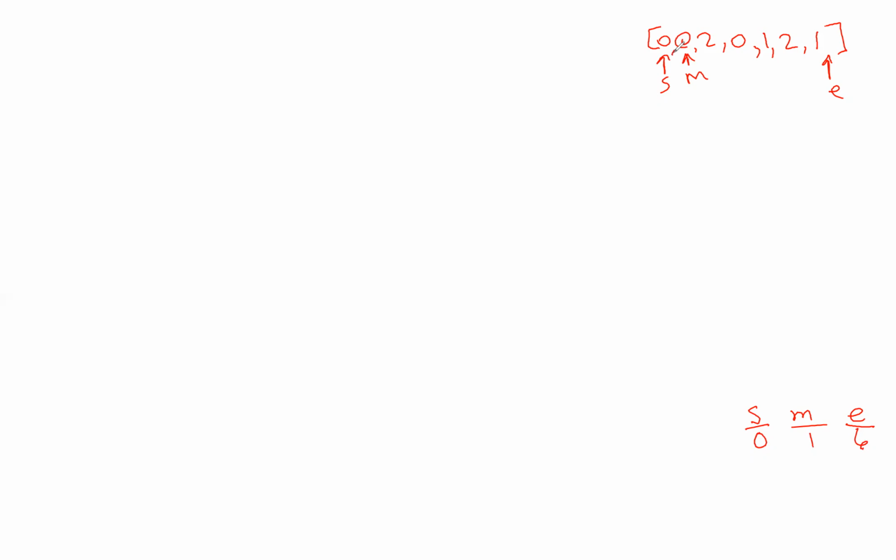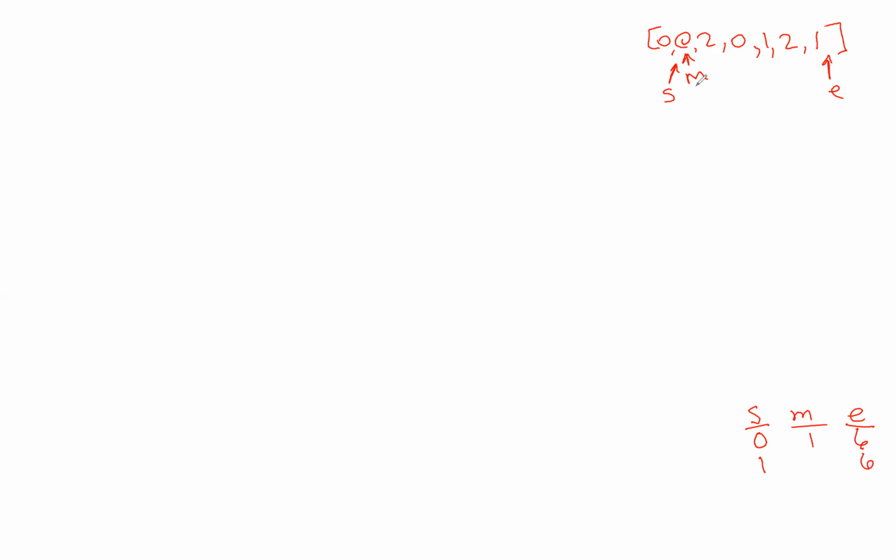Then we look at S. If S is at 0, we need to increase S by 1. So now S is pointing here and it's now 1. Then we look at E. If E is a 2, we would decrement E, but it's not, so we keep it at 6.